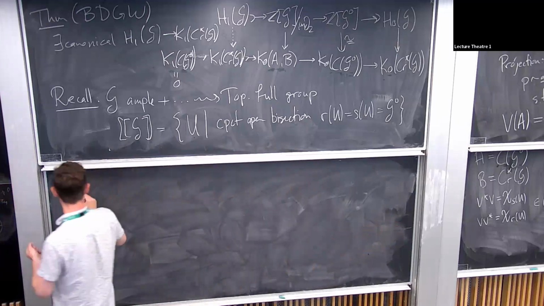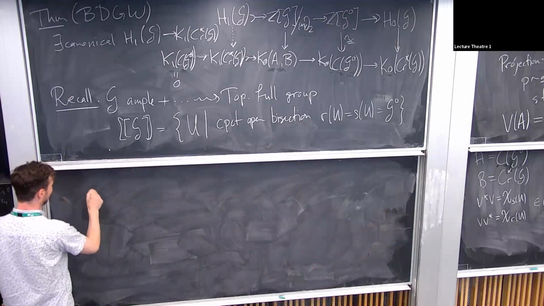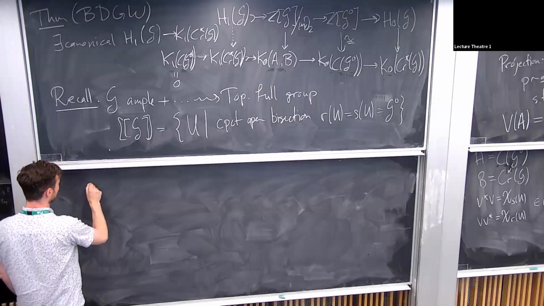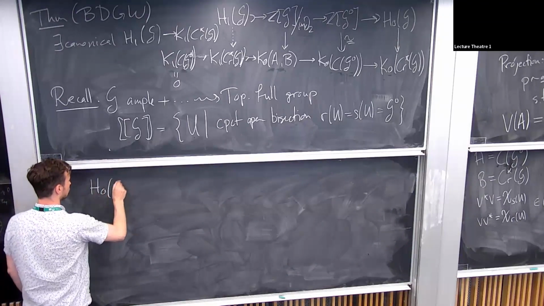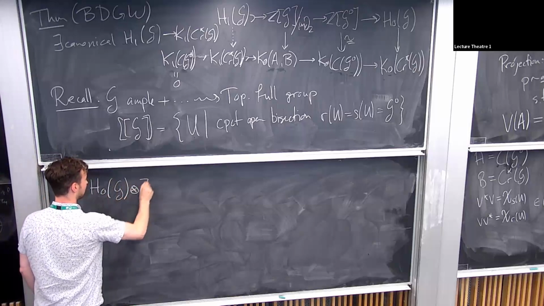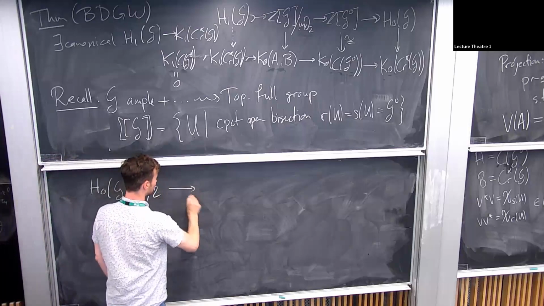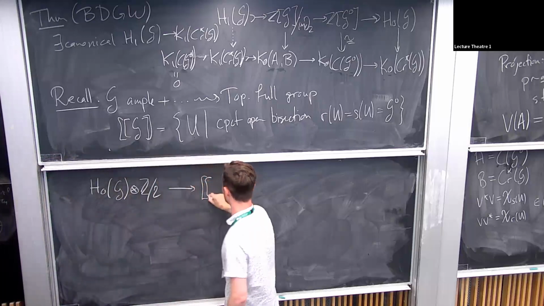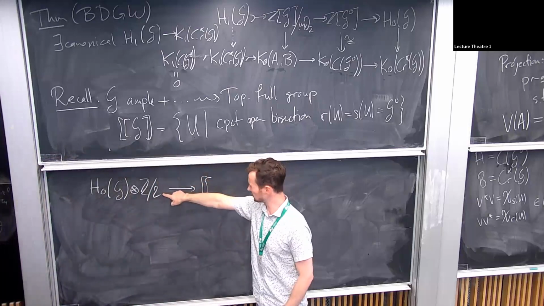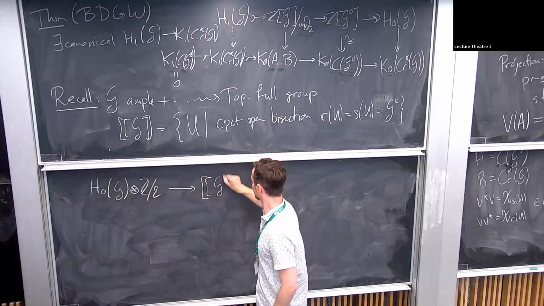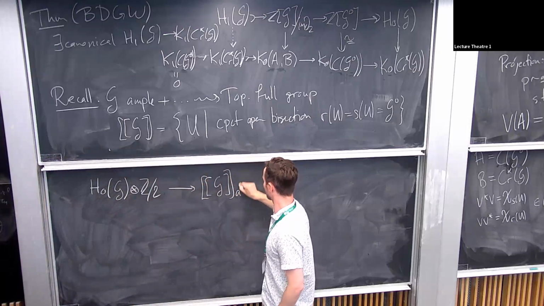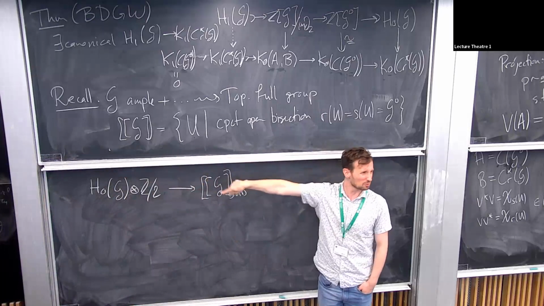But really what it does is there is this AH conjecture, where there is a sequence which looks like this. You take H0 of the groupoid tensor Z/2, you take the topological full group, but you want an abelian group because everything else is abelian.